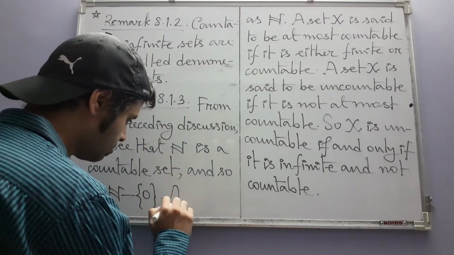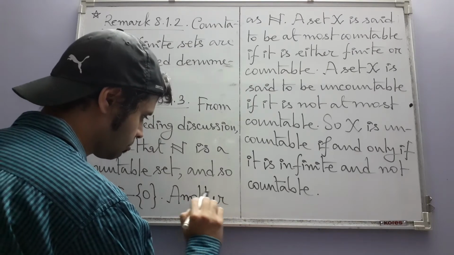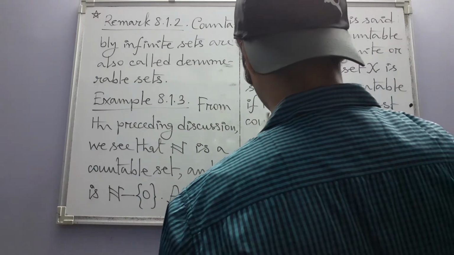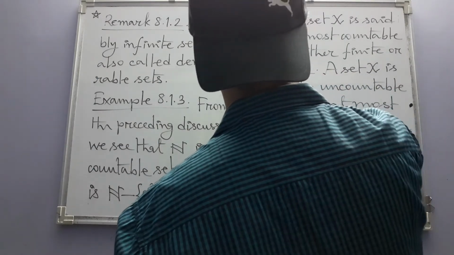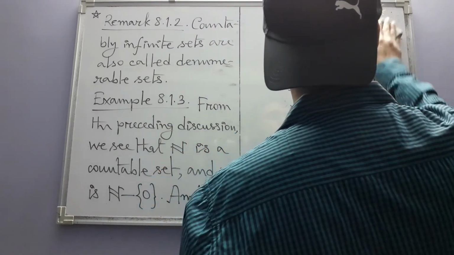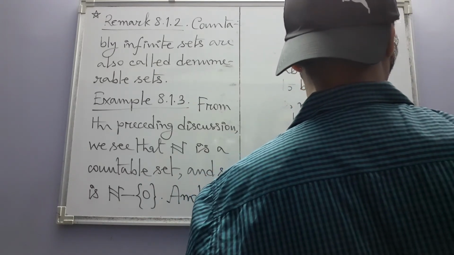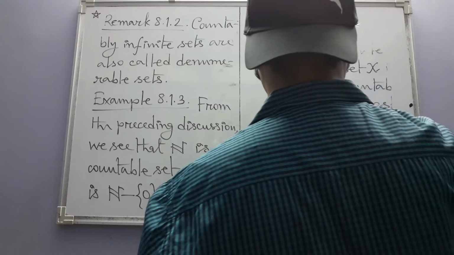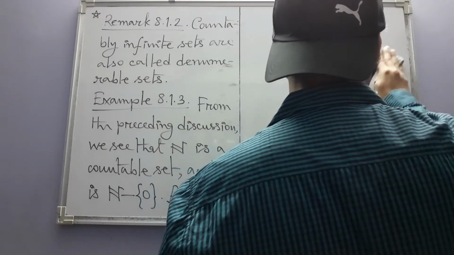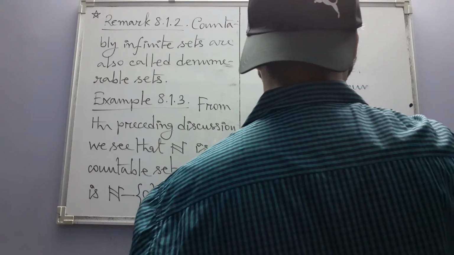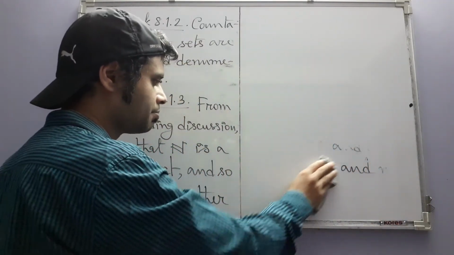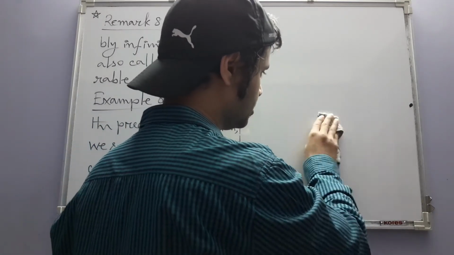Another example. When these notions were introduced for the first time by Georg Cantor, there was a furor in the mathematical community, and some people vehemently opposed these things.